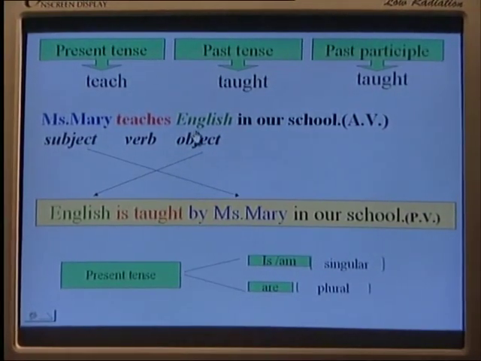So, here you see English is the object and it is the subject in passive voice, and when you look at the verb teaches is in present tense. So, in present tense, if the object is singular, then what is the singular form that is to be used here? Is. Okay. English is taught, past participle form is taught, taught by Miss Mary.